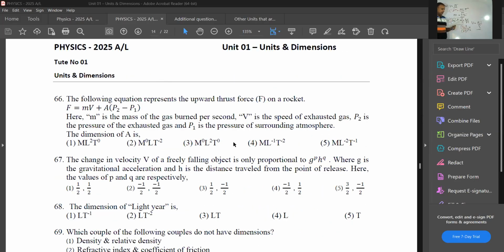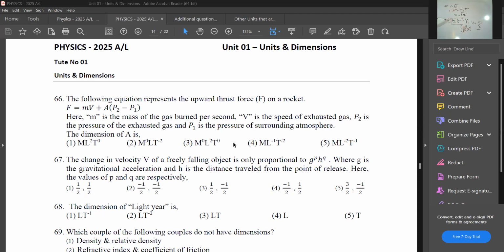Look at this. The following equation represents the upward thrust force on a rocket. F is a force. Here, M is the mass of the gas burned per second.